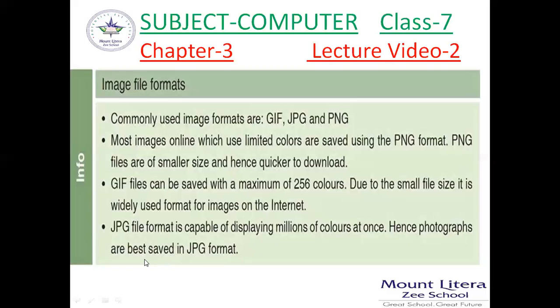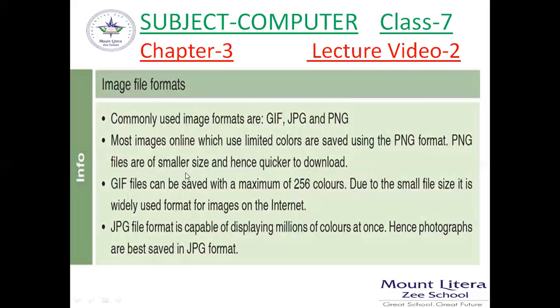Hence, photographs are best saved in JPG format. For photography, we will use JPG format because it has millions of colors at once, and GIF has a maximum of 256 colors.